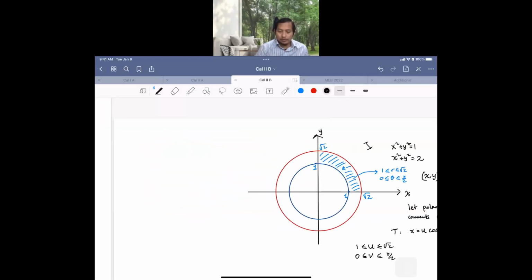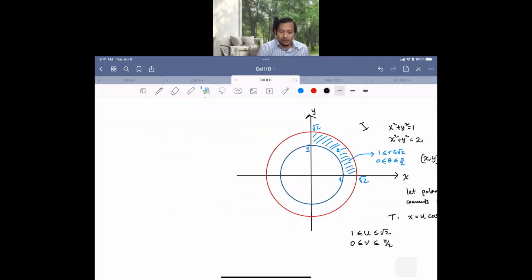So if this is u and phi, then taking 1 and square root of 2 and pi over 2 around here, this turns out to be just a rectangle.